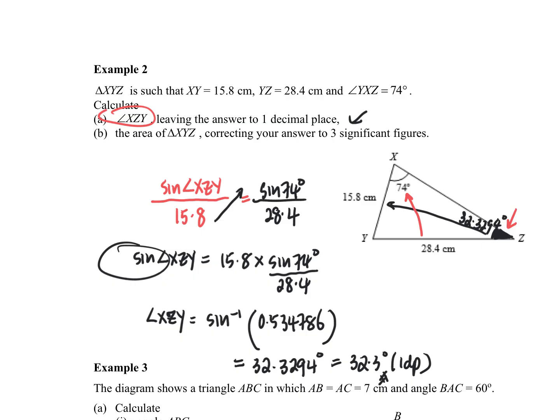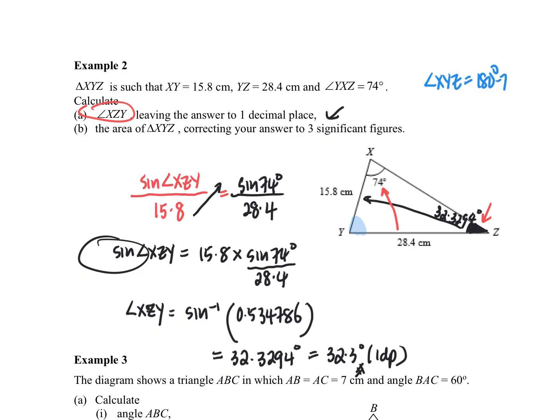So all I need to find is this angle first. Angle Y is 180, take away the 74, take away the 32.3294. Once you know this angle already, you can go and find your area of triangle.